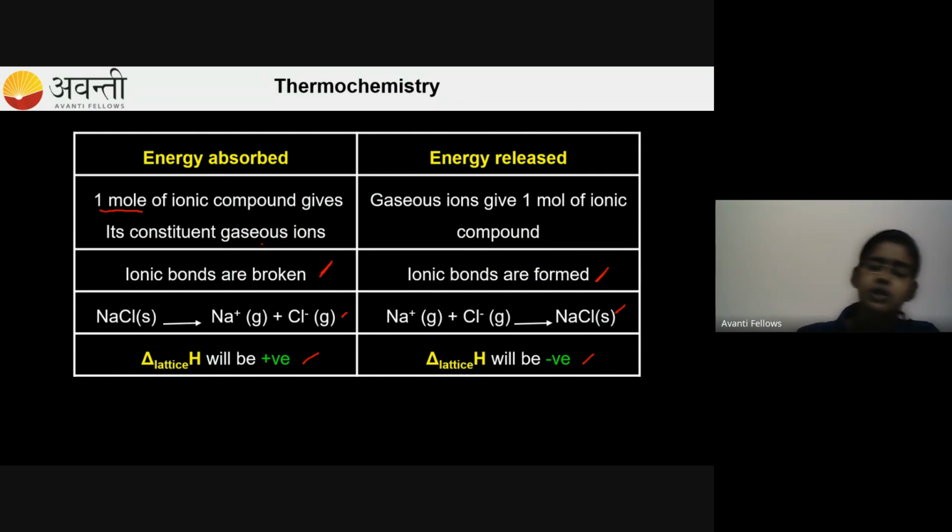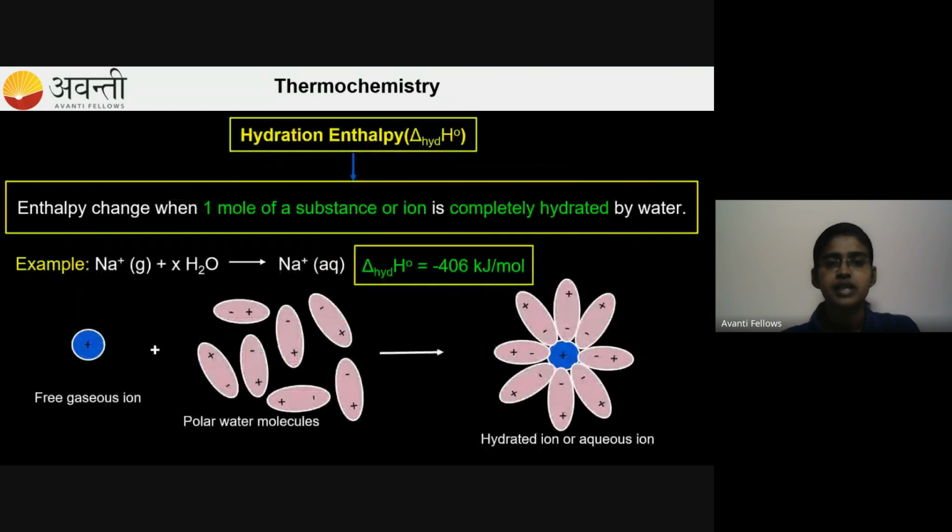Okay. Now coming to the hydration enthalpy, delta H naught hydration. It is the enthalpy change when 1 mole of a substance or ion is completely hydrated by water. You see here, I have taken 1 mole of the sodium ion. It is forming bonds with the water molecules.